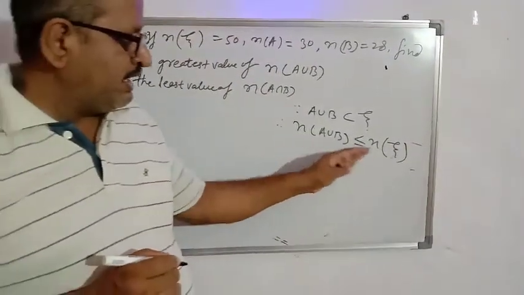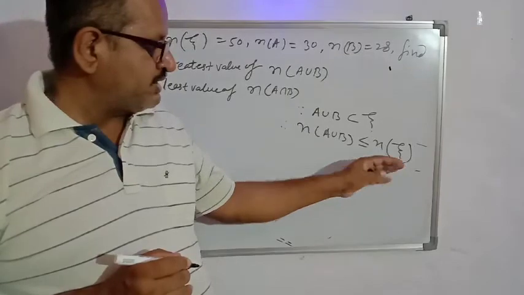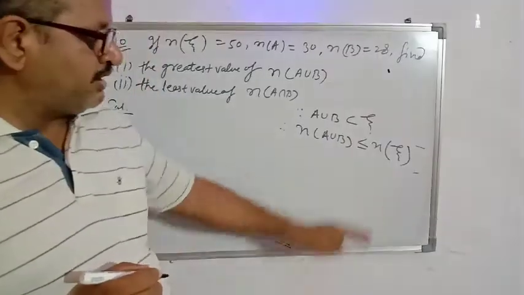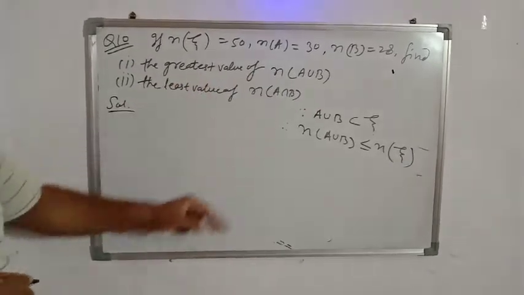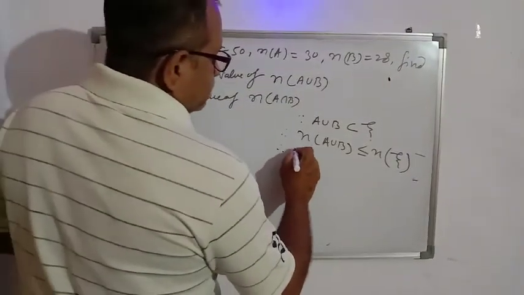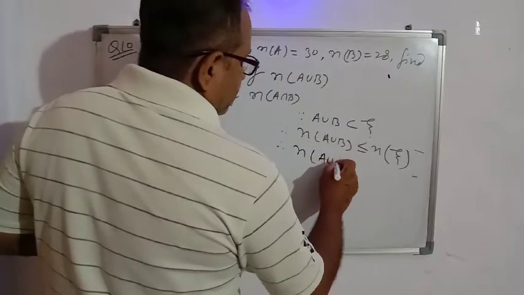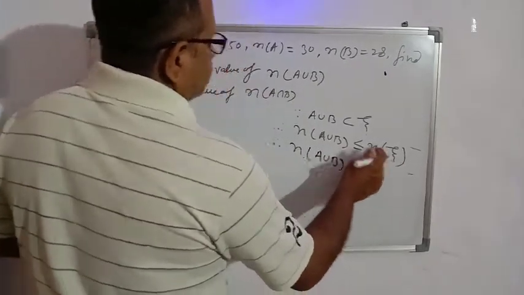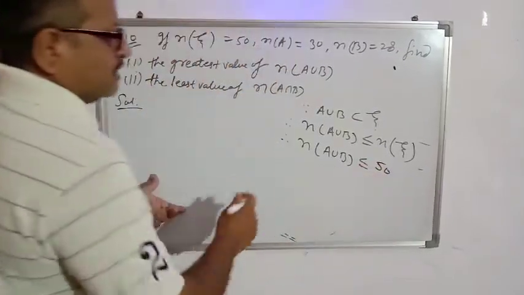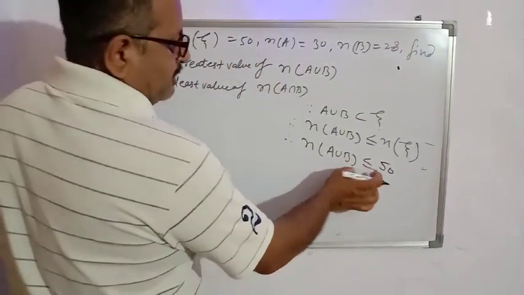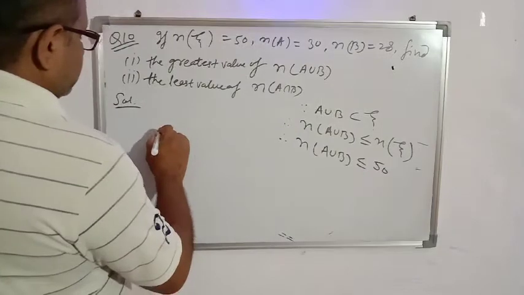It may be less than or equal to the cardinal number of the universal set. But we have to find the greatest value. So n(A union B) is less than or equal to 50. So what will be the greatest value of n(A union B)? Equal to 50.